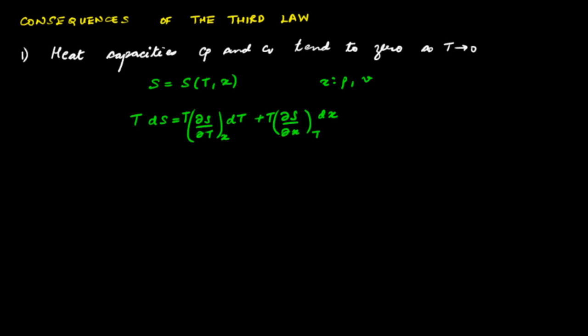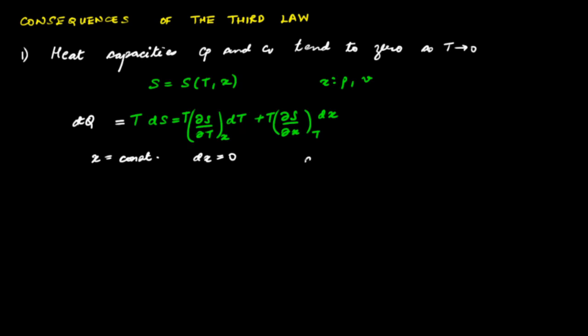This is just from the fact that S we are writing as a function of temperature and some other independent thermodynamic property such as pressure or specific volume. But note that TdS is equal to dq. Therefore, if we consider a case where x is constant, then dx is equal to 0.